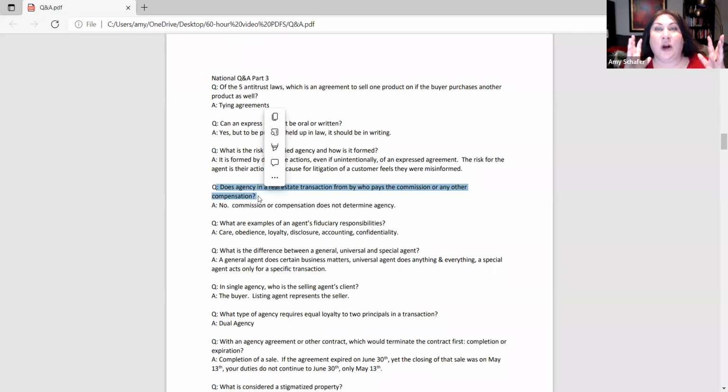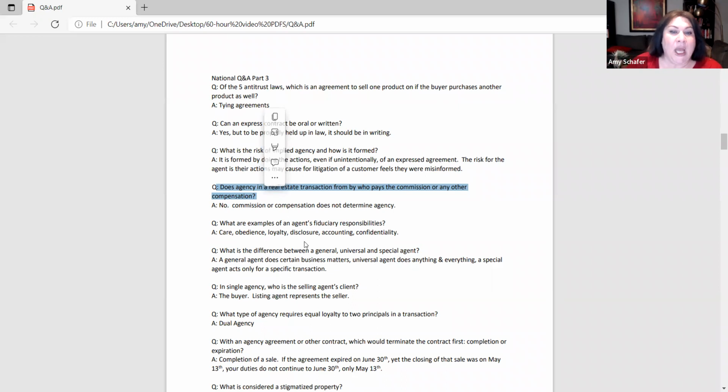Not unless they are dual agency. Otherwise, I can represent the seller, another agent can represent the buyer, and then that other agent on the buyer's side owes no loyalty other than to work in good faith and honesty. They owe no loyalty to my seller. Only I owe loyalty to my seller.